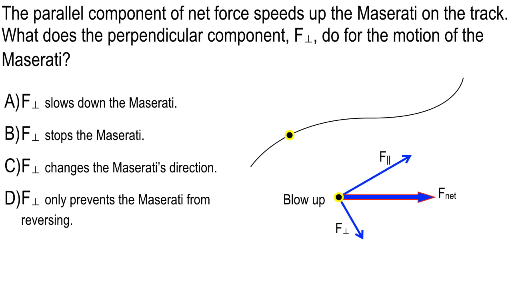The parallel component of net force speeds up the Maserati on the track. What does the perpendicular component do for the motion of the Maserati? A, B, C, or D? F perpendicular, the centripetal component.